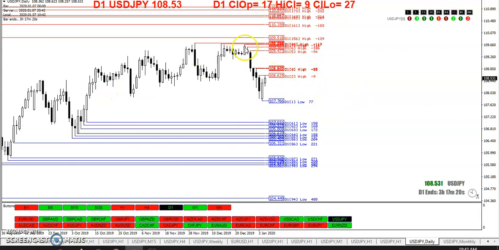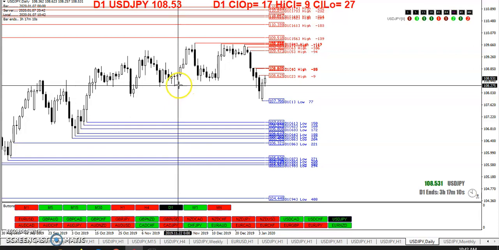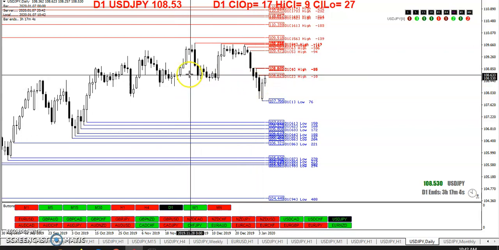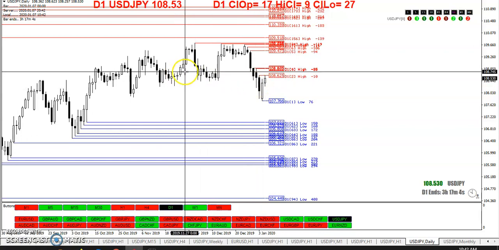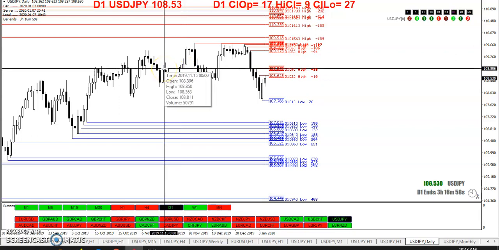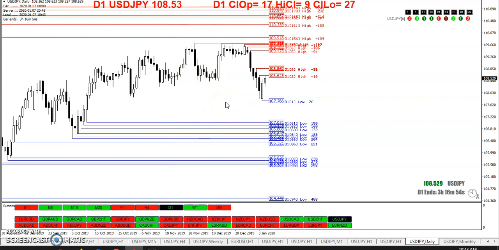Then you see some lines that are off the tops and some lines that are off the bottoms. But if you put the cursor right here at the bottom, you can see that line had been crisscrossed. And if you put it at the top right here, you can see that the top of this candle has been crisscrossed. So we only want to look at the ones that haven't been crisscrossed.